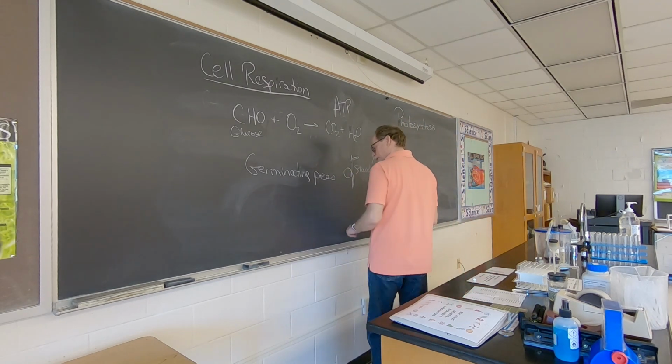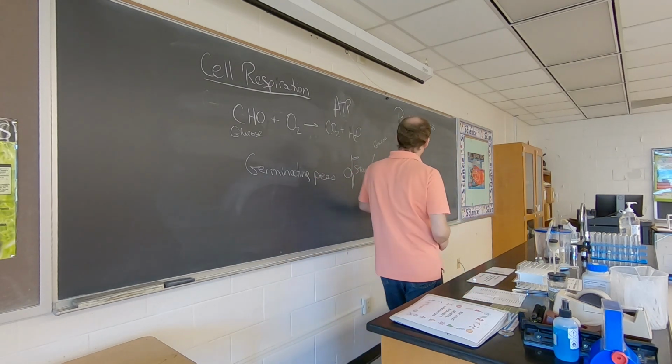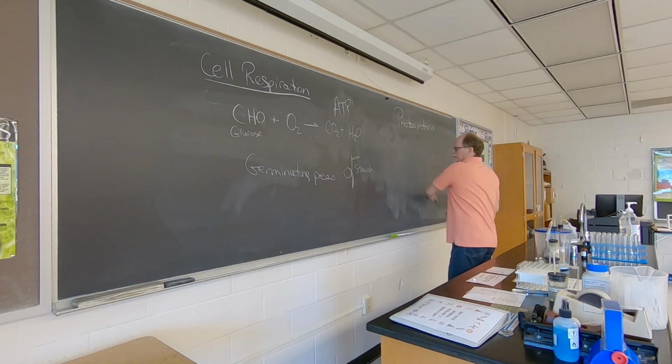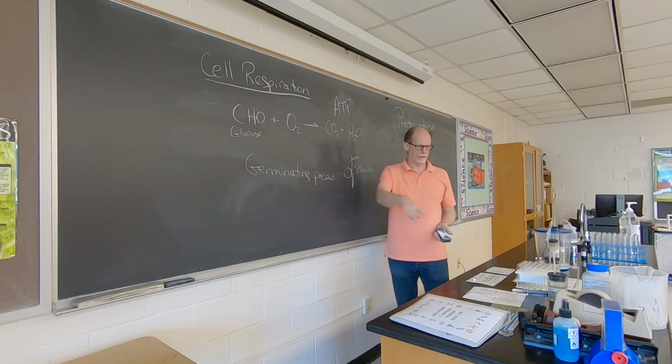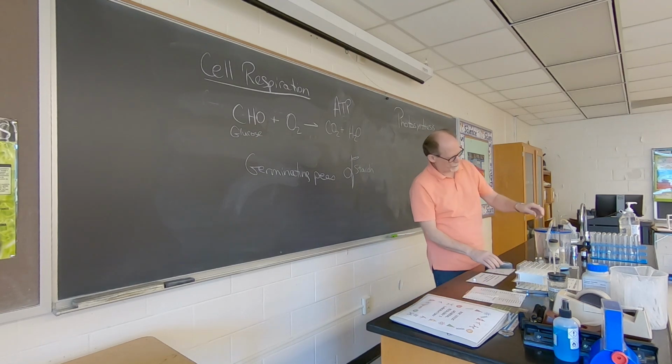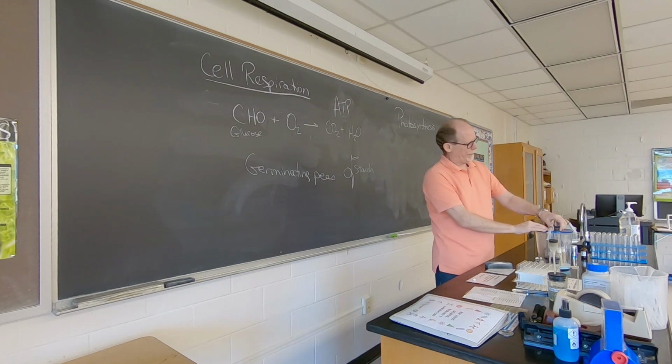And there are peas in here that are germinating, just like we had germinating peas in the mason jar. But they're in these test tubes, right? And this is a closed container.